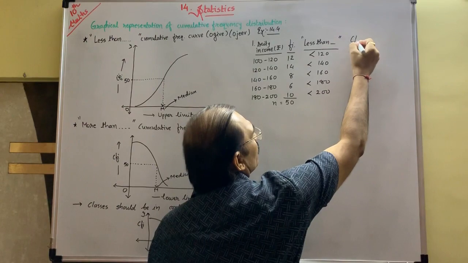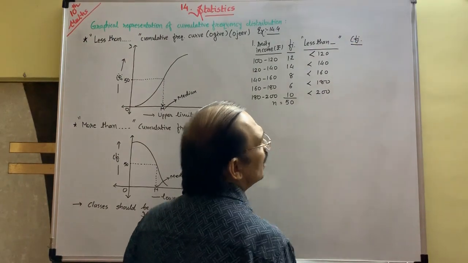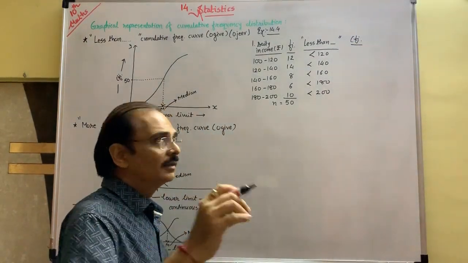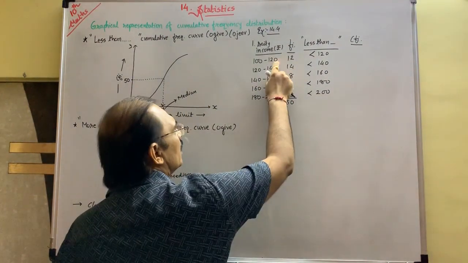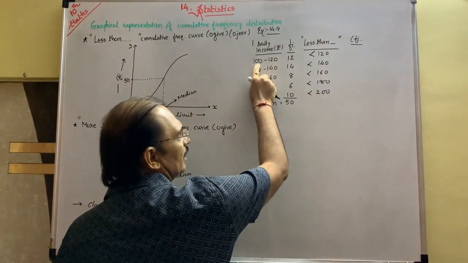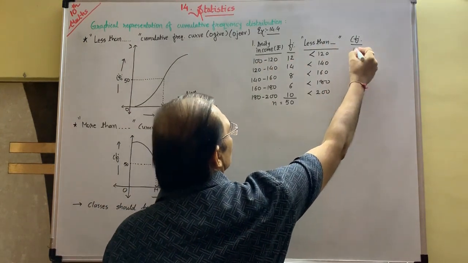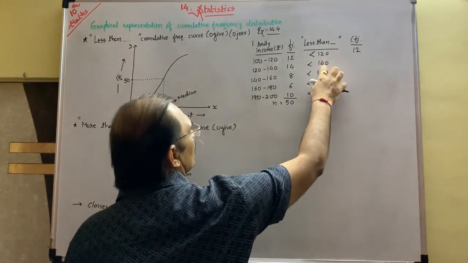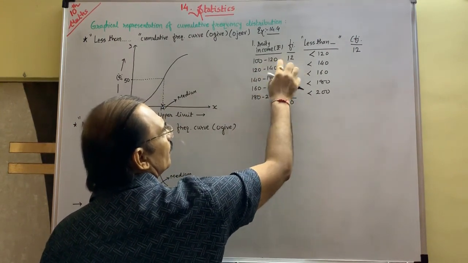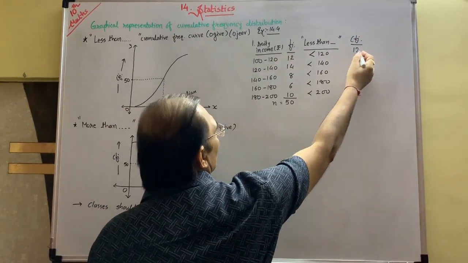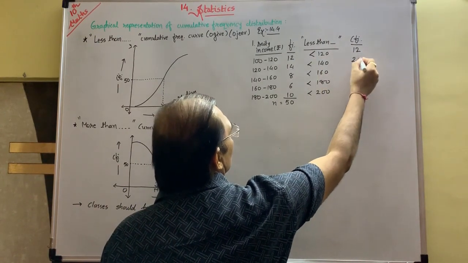And now the cumulative frequency of this. Less than 120, according to our question, total frequency is 12. Less than 140, means 14 and 12, so 12 plus 14, 26.